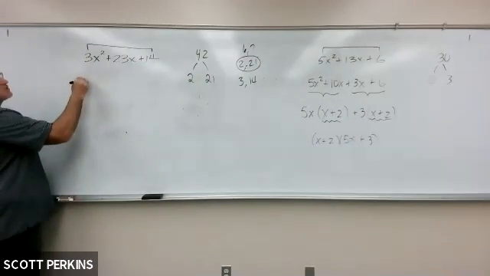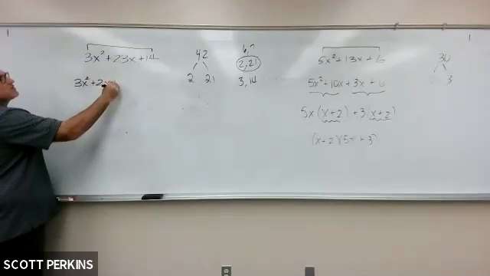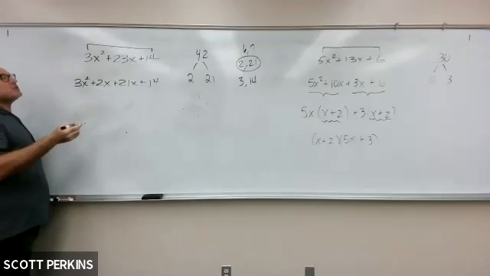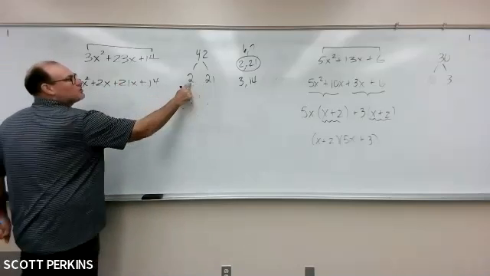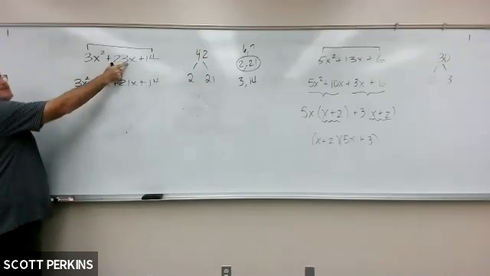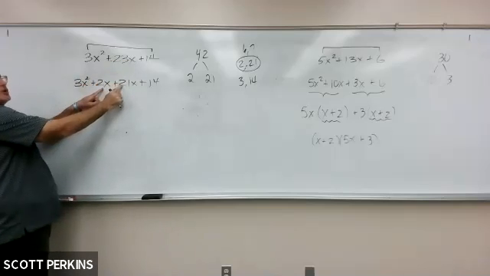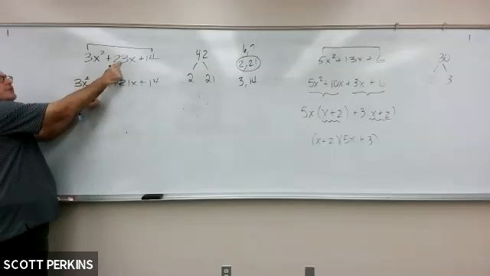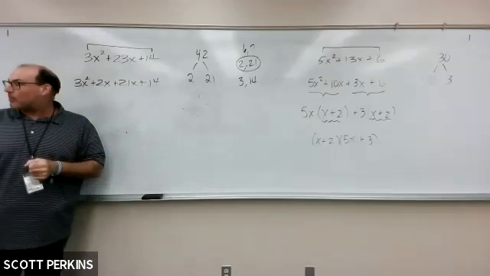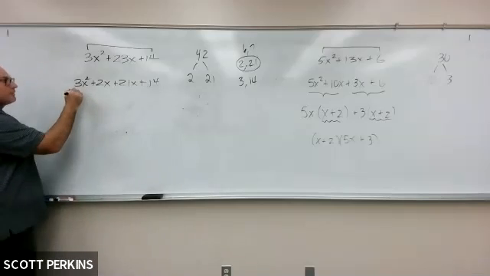I've got 3x squared plus 2x plus 21x plus 14. Again, what did I do here? I took these 2 factors, 2 times 21 is 42, and I separated this middle term into 2 terms. It still adds up to 23, but now I have a total of 4 terms, and it allows me to employ grouping.